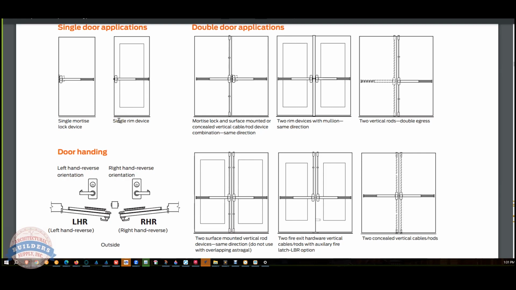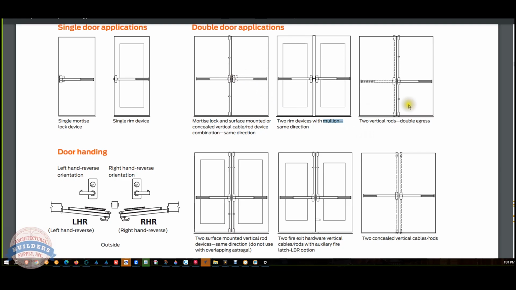Now, when it comes to vertical rod, the reason you're using them is when you get to pairs of doors. Because if a pair of doors has to have emergency egress through each door, you need it to be done so independently. So you can't have 2 rim devices on a pair of doors unless you're using a mullion, which really the only time you see is in schools.